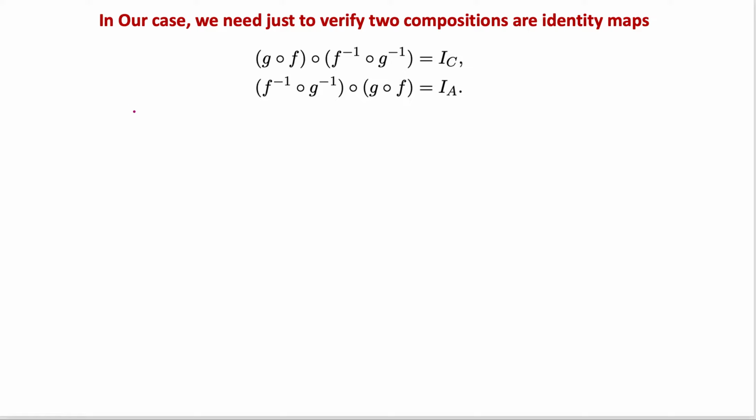Let me take a pen here. First of all, let's take the first identity map. Let's say we have g composition f, composition with the inverse function of f, and composition with the inverse function of g.